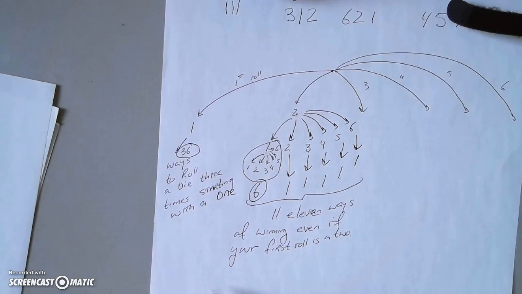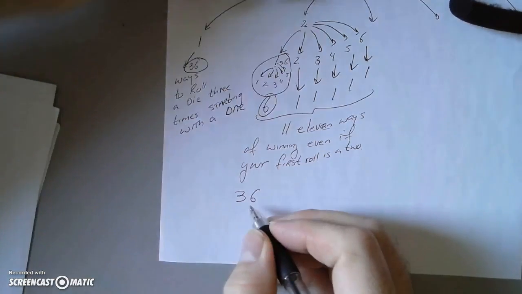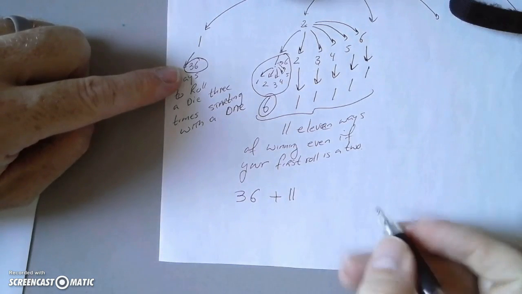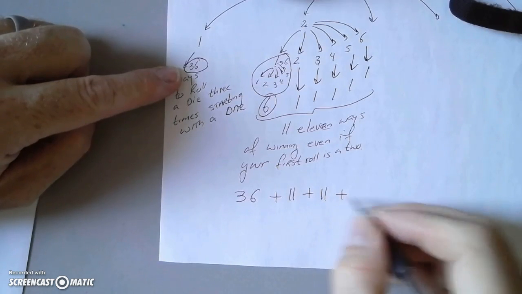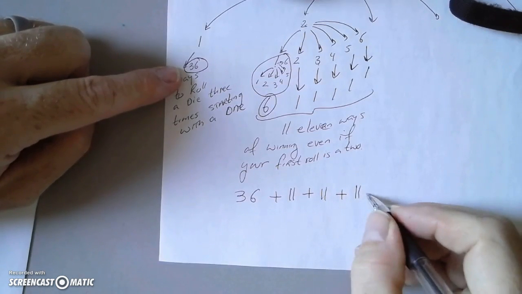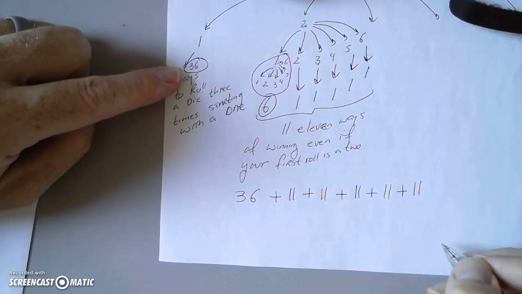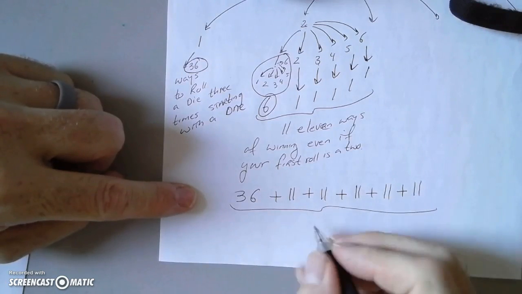So you're going to have a total of 36 ways of winning if you roll a 1 first, plus 11 ways of winning if you roll a 2 first, and 11 ways of winning if you roll a 3, 11 ways of winning if you roll a 4, 11 ways of winning if you roll a 5, and 11 ways of winning if you roll a 6 first. For a grand total, that's 55.